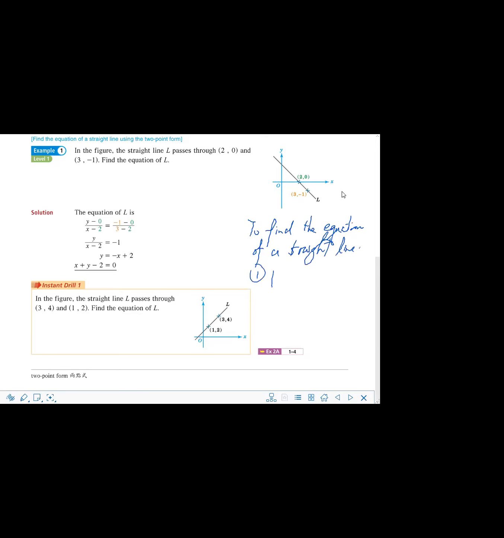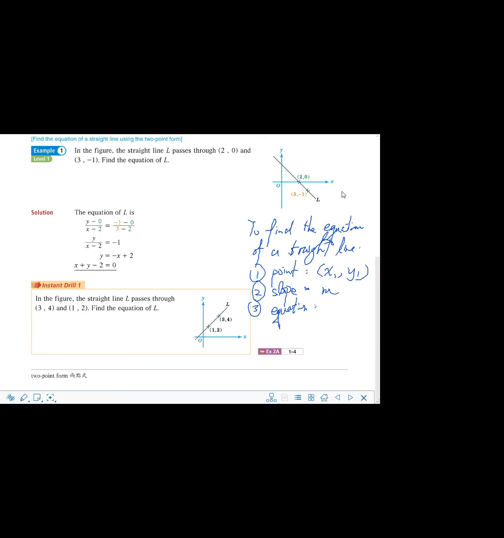One, the coordinates of a point. Normally we will use x1, y1 to be the numbers. And number two, we need the information about the slope of the straight line. Slope is equal to m. And then step three, we will write down the equation by using the point slope form.